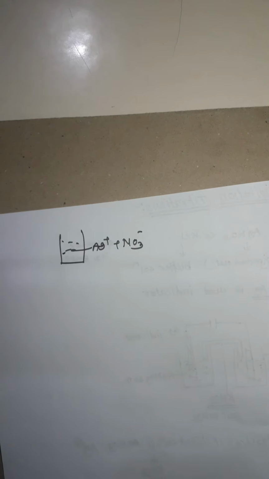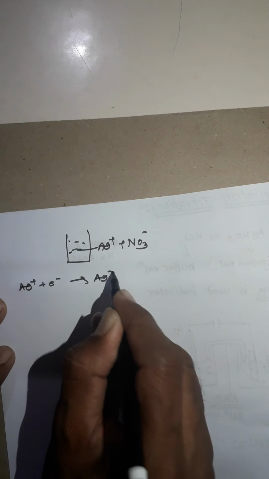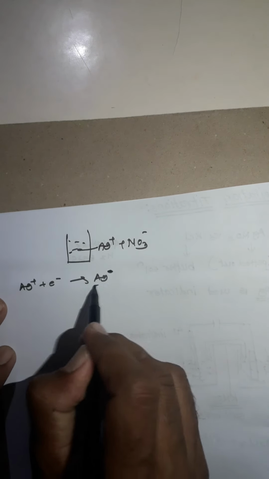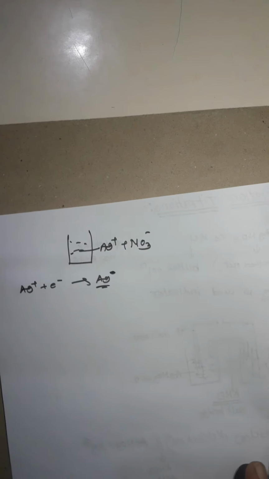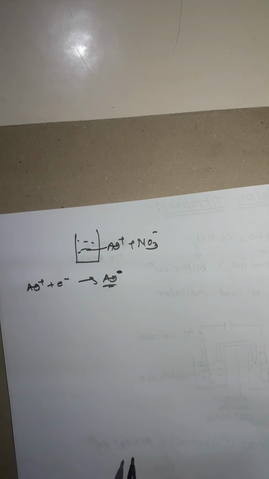Ag plus ions are decreased because reduction takes place. Already told that Ag plus plus an electron gives Ag. In this titration, the Ag plus ions are decreased.